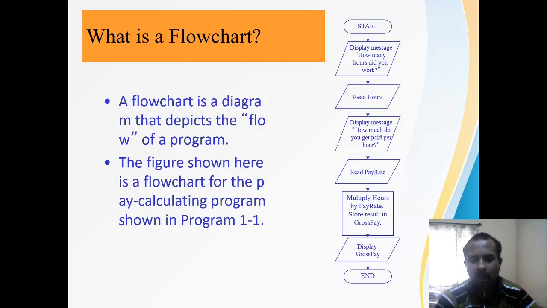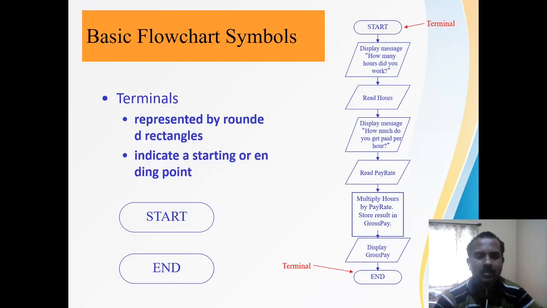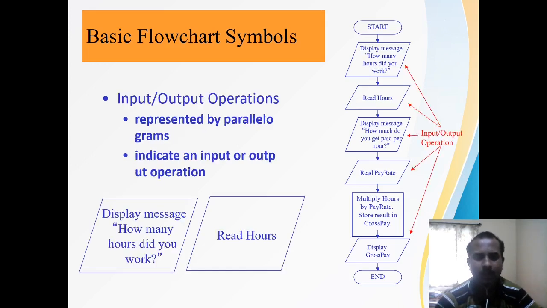Then the logic part, or the mathematical operation, calculation or process part, is represented in the rectangle structure. So we have the rectangle structure here where you are calculating the gross pay. Then the basic symbols. First, we have the terminals, which are start and end, representing the starting point and the ending point of the flowchart or the program.